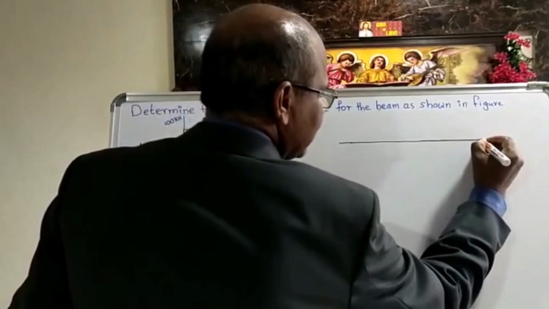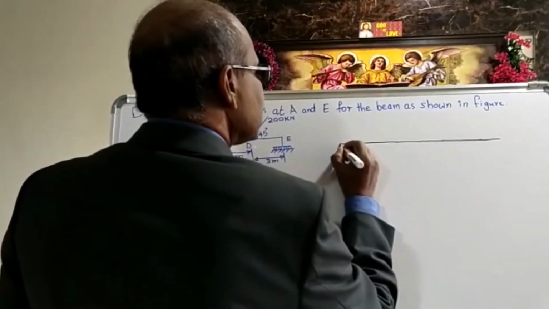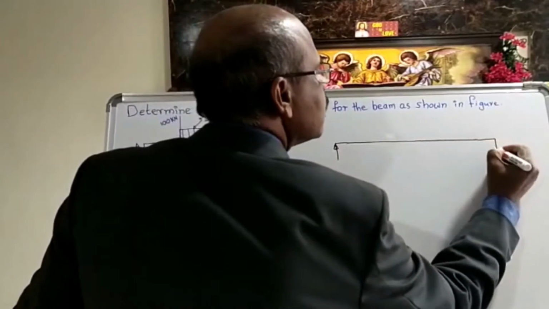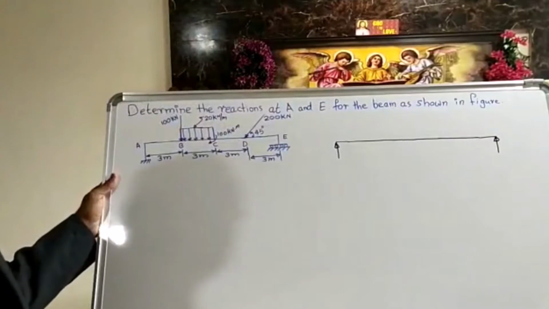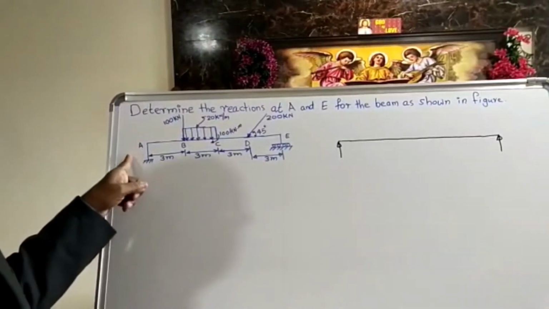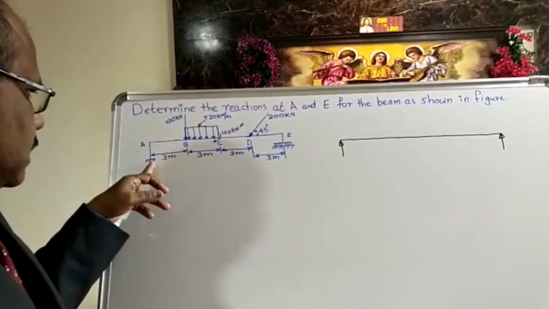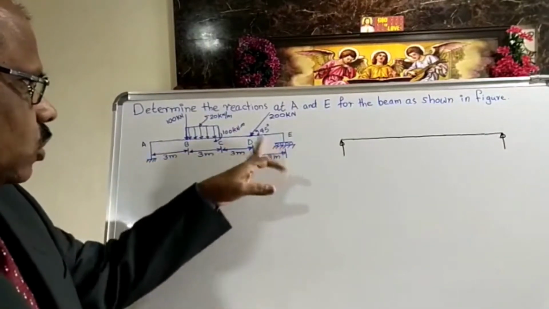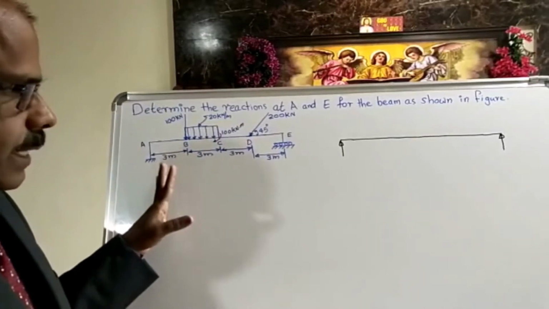The exact length and all need not be perfect. If the length is a little bit less or more, it will do. In the free body diagram, see the points A as well as C. There is no need to draw this inclined line, or the roller and all. We are not going to show them in the free body diagram.